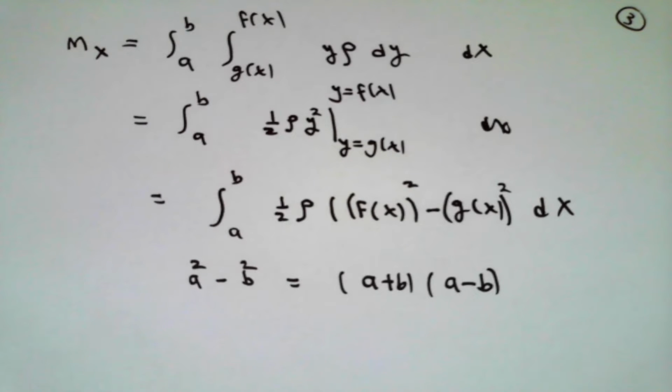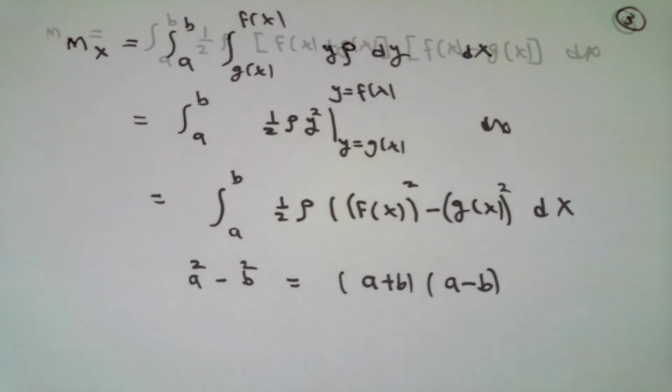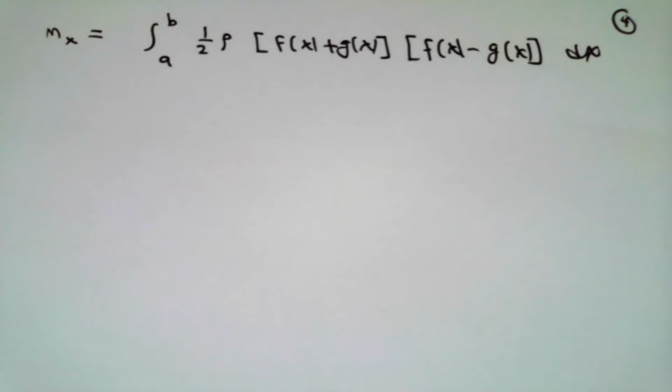Inside the integral, I have the difference of squares. I can think of that as being f of x plus g of x multiplied by f of x minus g of x. If I factor it in that way, I can write the moment about the x-axis as we said.